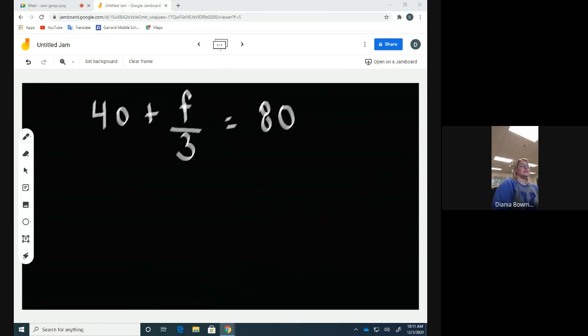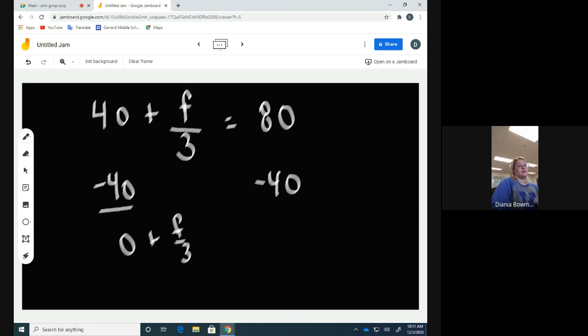So what's the opposite of positive 40? Minus 40. I'm going to minus 40 from both sides. And I'm left with 0 plus f divided by 3 equals 40.